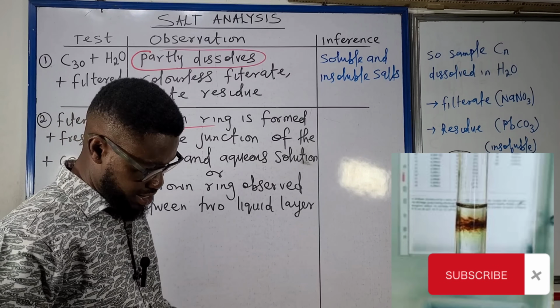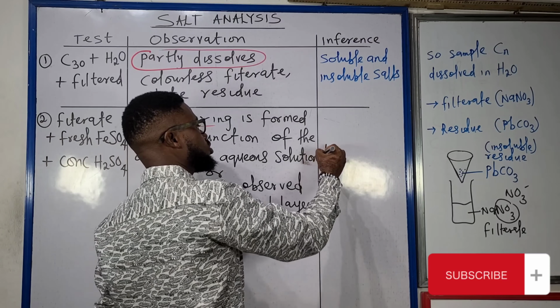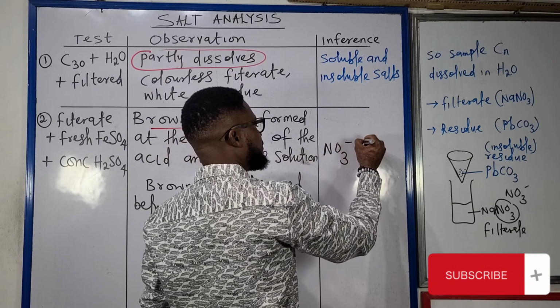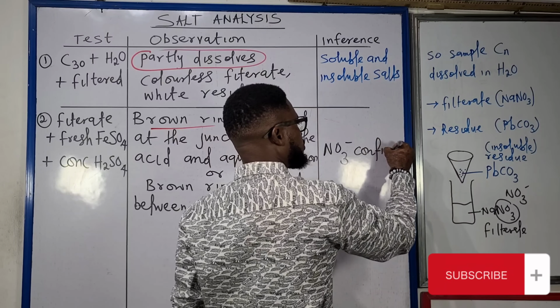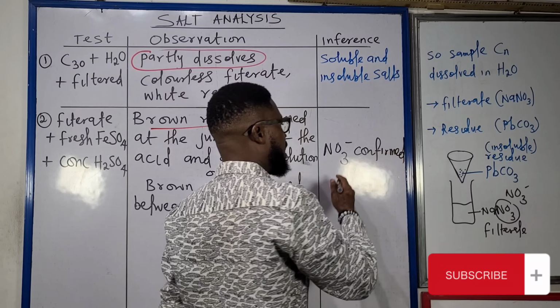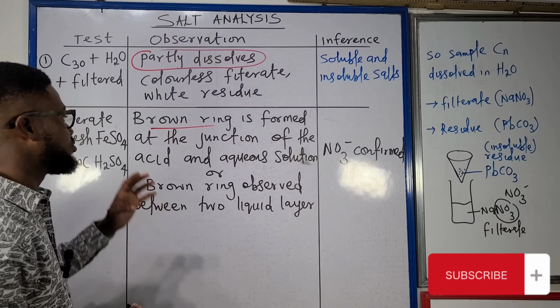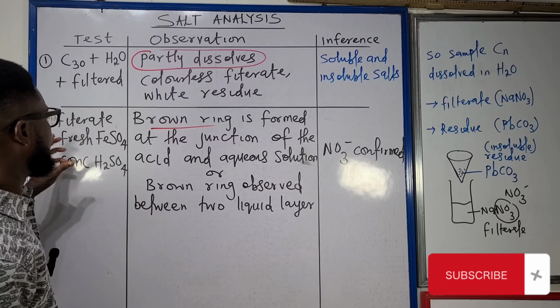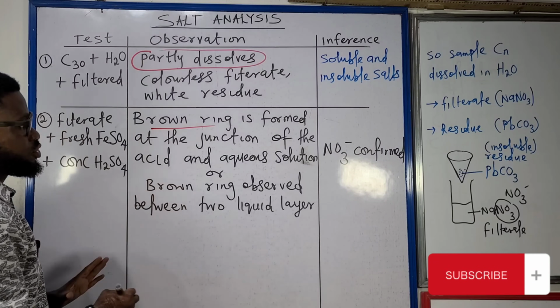And what you're going to infer in this situation is going to be nitrate ion, NO3 minus, confirmed. This is not suspected but confirmed. It is NO3 minus that gives a brown ring when these reagents are being used. So that ends question 2.